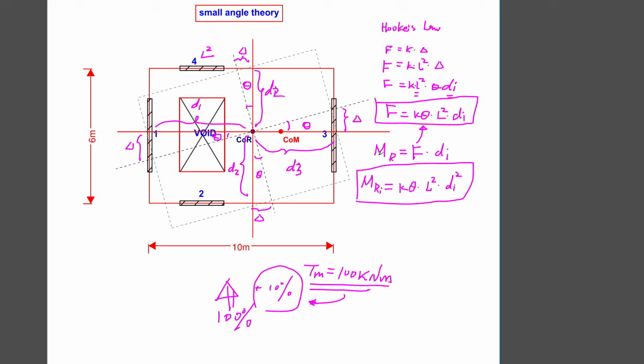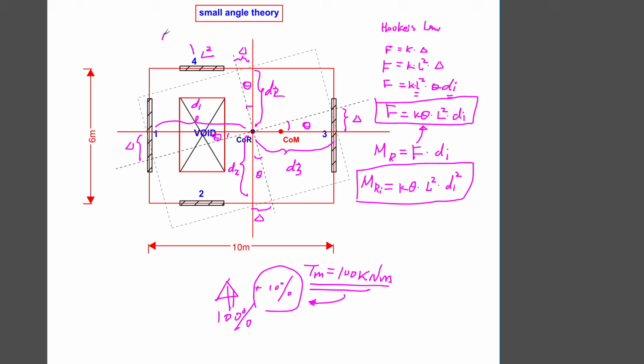Then we get this resisting moment, in relation to my induced force times my lever arm di. And then I got my torsion moment here. That's the total torsion moment. And then what's my total resisting moment? I've only got an individual moment here. So in this case, we just work out each one of the walls' resisting moment.